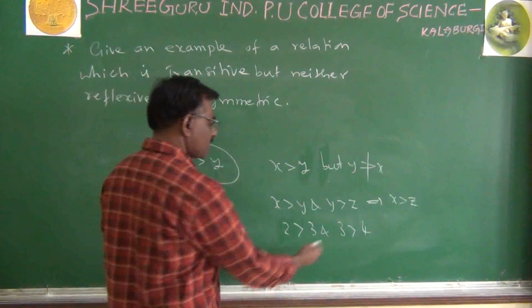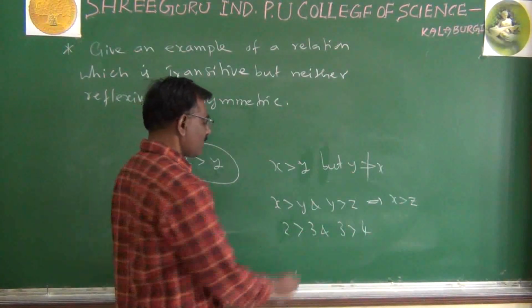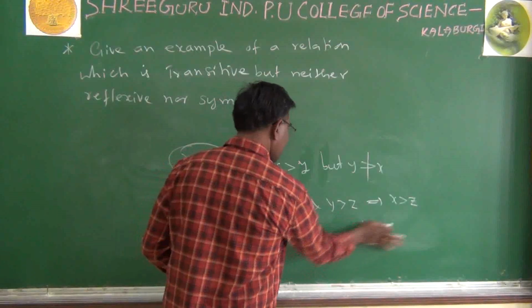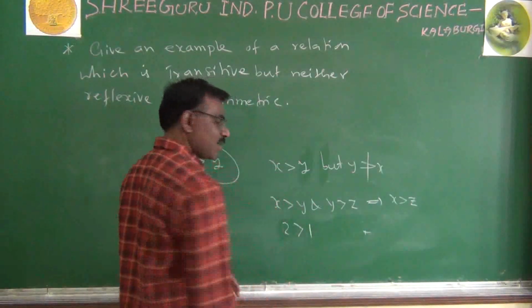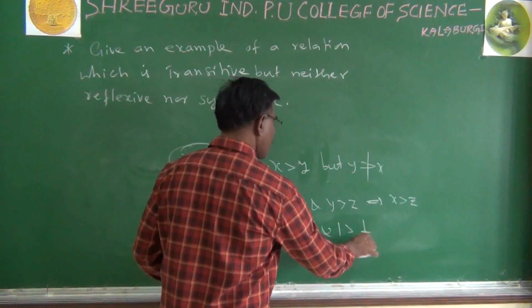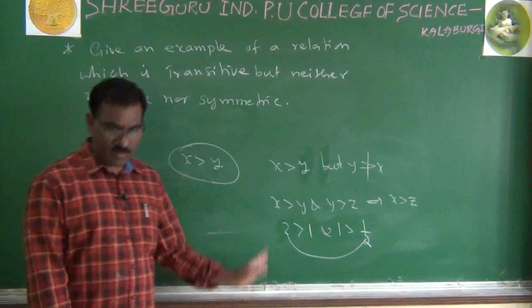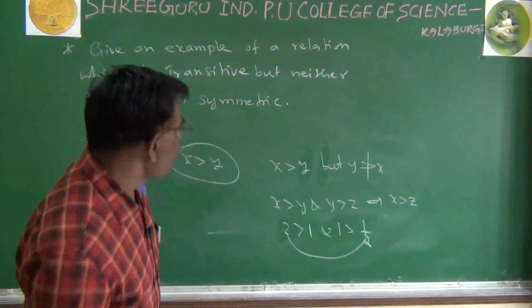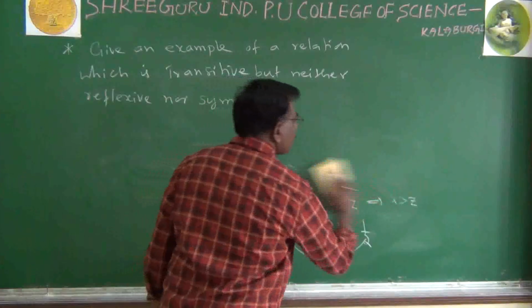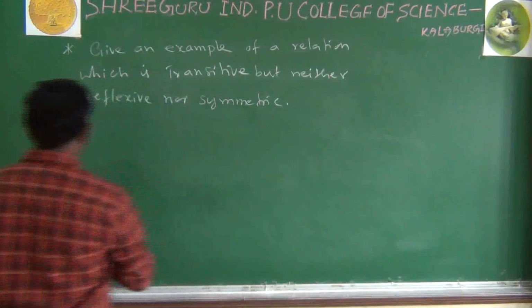So 2 greater than 1 and 1 greater than 1 by 2, so automatically 2 greater than 1 by 2. So what is the answer? One word answer. What is the answer?